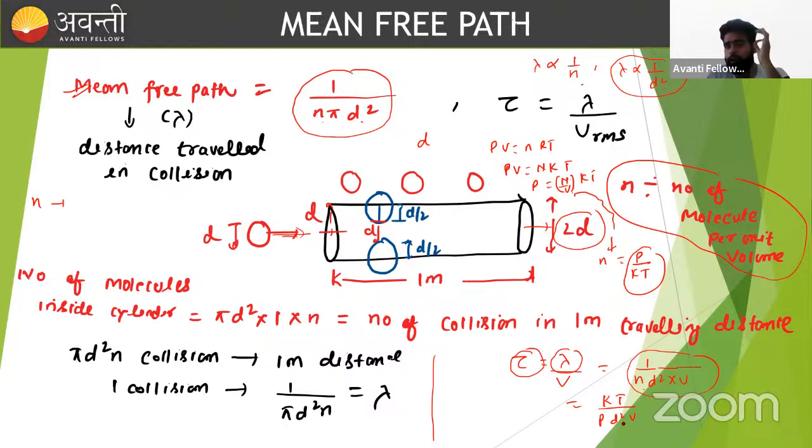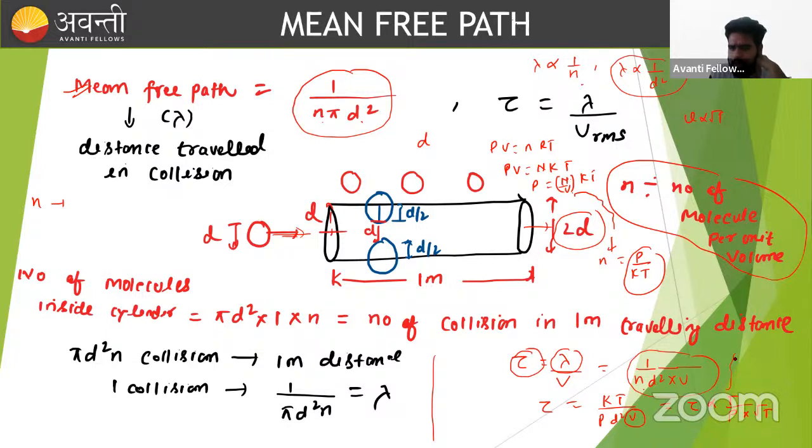See here, beta, this is a very important concept: how tau varies with temperature. And here is the average velocity. Any type of velocity is proportional to the square root of temperature. So tau is proportional to T upon P. If we consider the diameter of the molecule constant, then velocity is also proportional to the square root of temperature.